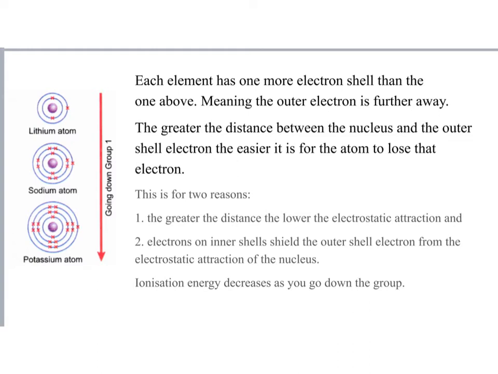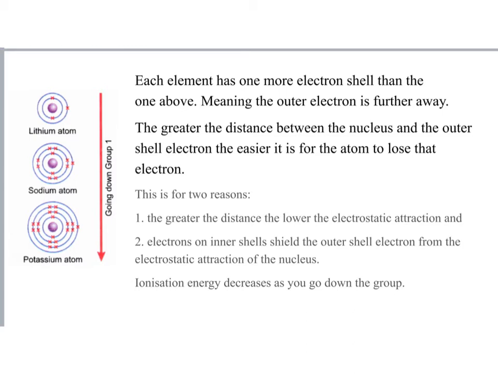Now I've put the reasons why it's easier for potassium to lose that electron in grey because really we're starting to branch into really high level thinking. There is an electrostatic attraction between an electron, it's negative, and the nucleus, which is positive. The greater the distance, the smaller that electrostatic attraction will be.